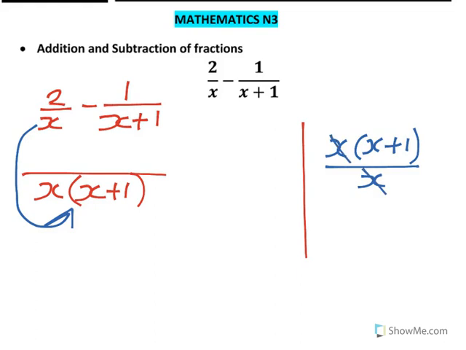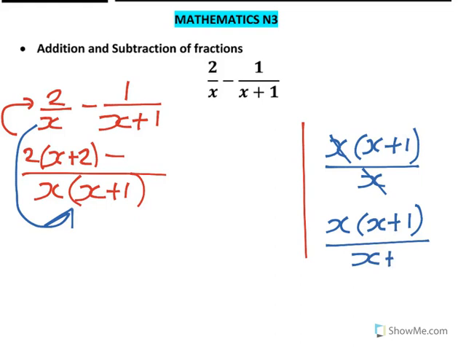That x plus 1 must be multiplied by the top, which is the 2, minus, you continue, again it's like you're saying x plus 1 divided by x plus 1. So you can see x plus 1 will cancel, remaining x, so minus 1 multiplying by x.